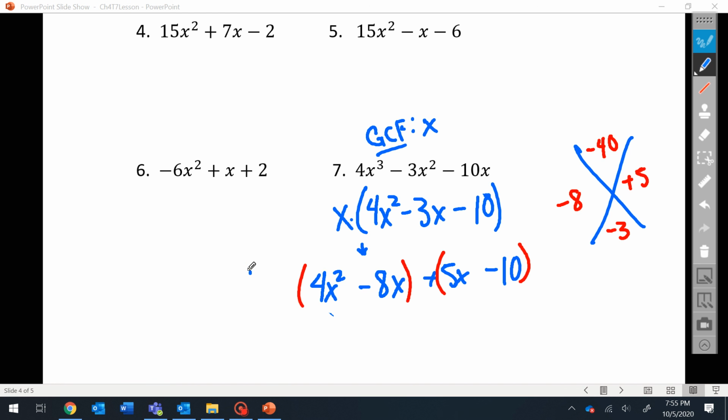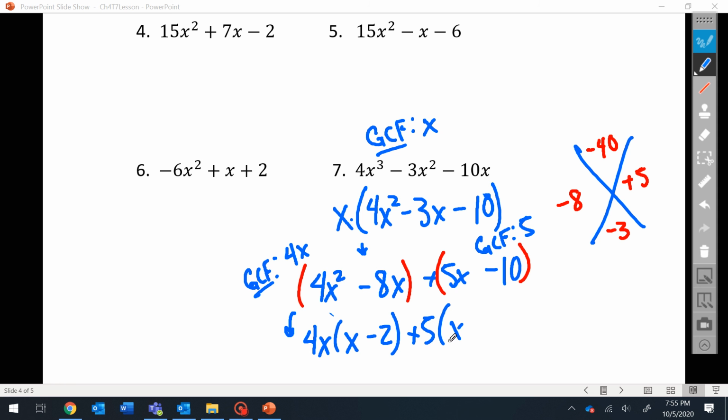I'm going to factor the GCF out of the first group, and the GCF of the first group is 4x. GCF of the second group is 5, so I'm going to factor that out. So if I factor 4x out of the first group, I'm left with x minus 2. And I factor 5 out of the second group, I'm left with x minus 2.